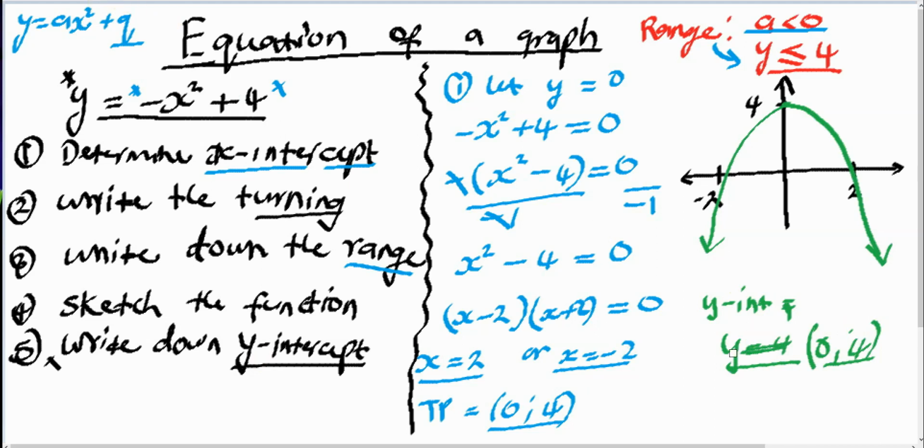Whether you say y is equal to 4, or you write it as a coordinate, it's okay. But let me just say y is equal to 4 is my y-intercept. So that is how you will be able to sketch a parabola function when you are given the equation.